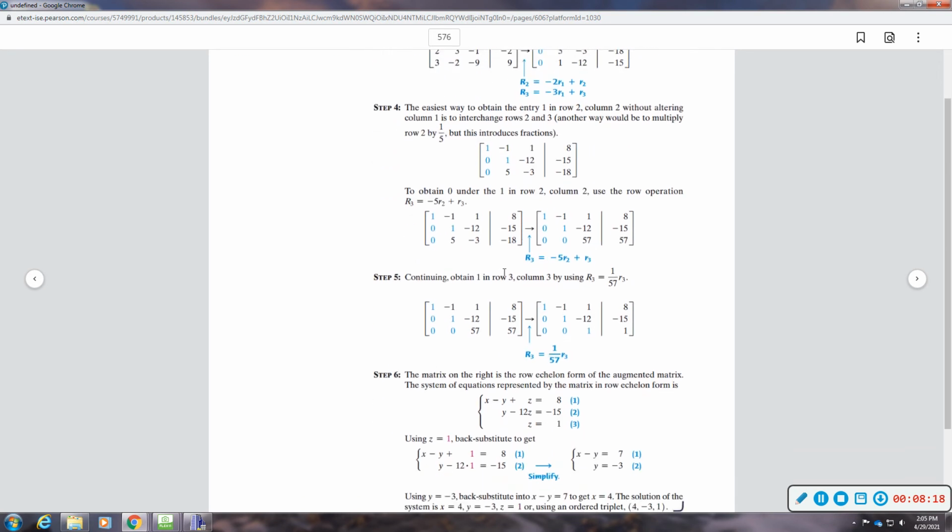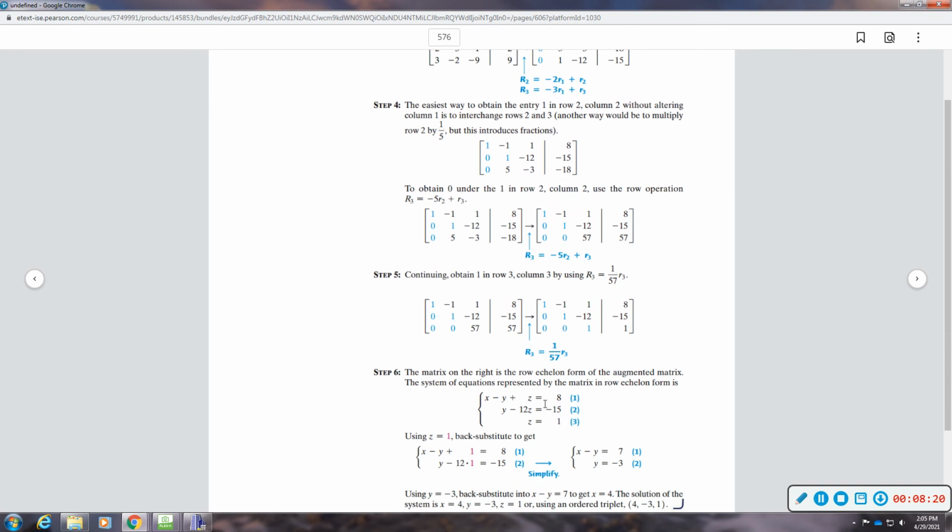As we get to the end, when we have 1s down the diagonal, this is what we call row echelon form. And these numbers represent the variables that we removed. So 1 here is 1x, minus 1 is minus 1y, 1 here is 1z.